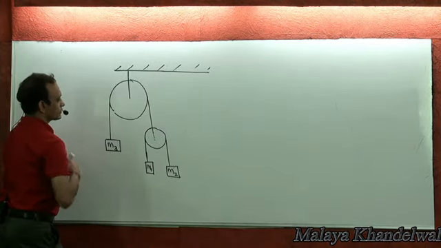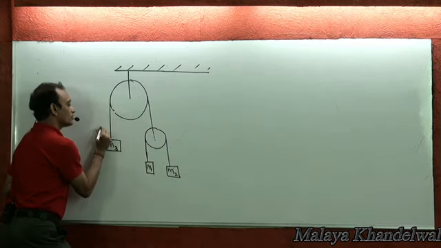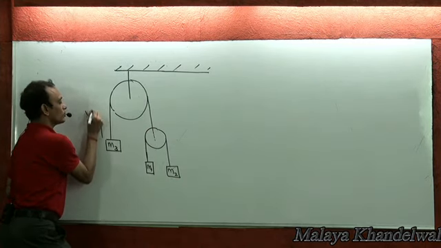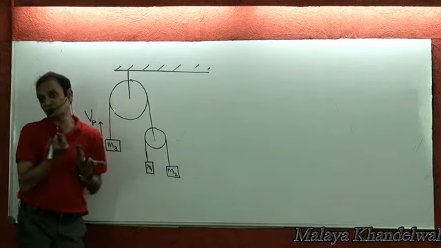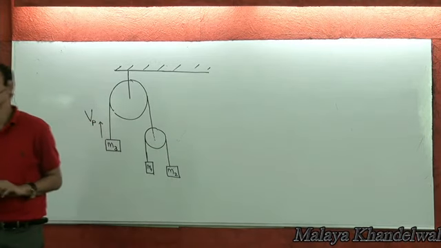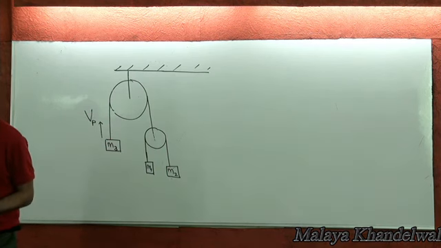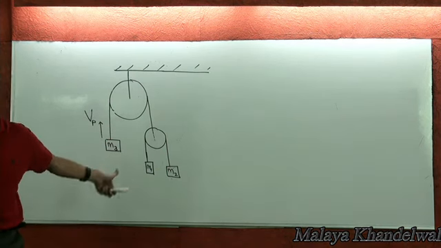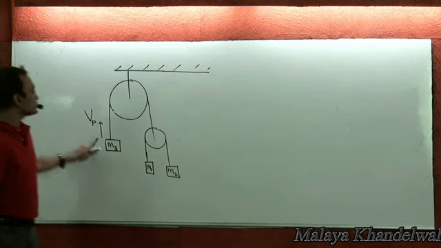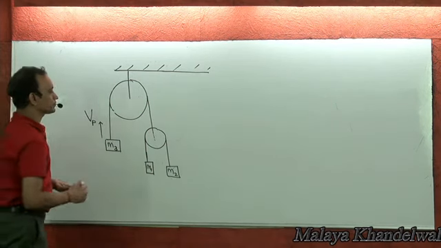Now, suppose this moves up with a velocity Vp. Algebraically, it could move up or down, that's another story, but the sign of Vp that eventually emerges will tell me whether it's moving up or moving down. I have just been arbitrary in my choice. So this moves up with a velocity Vp.